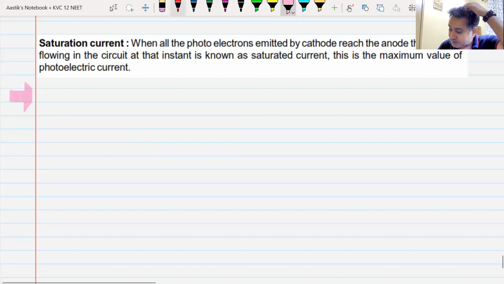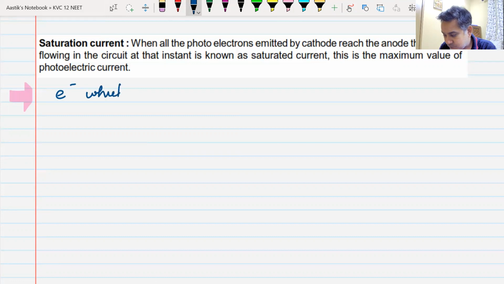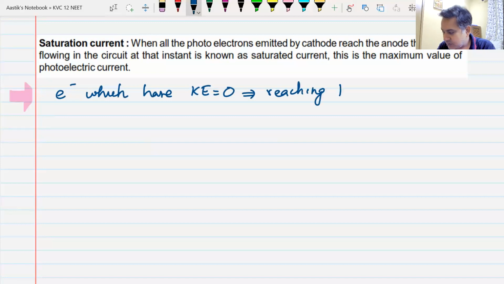Here what happens, the electrons which have even kinetic energy 0 are reaching the anode. Whatever electrons are emitted by the cathode, each and every electron is reaching the anode, and that is why you have the current becoming constant.